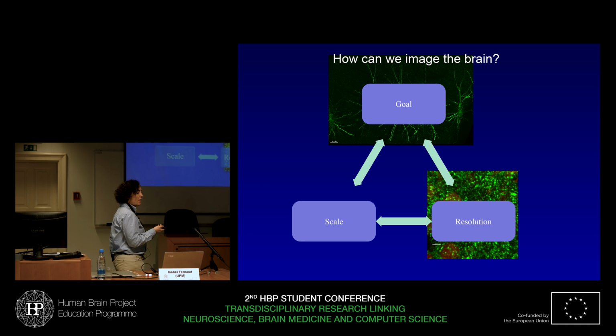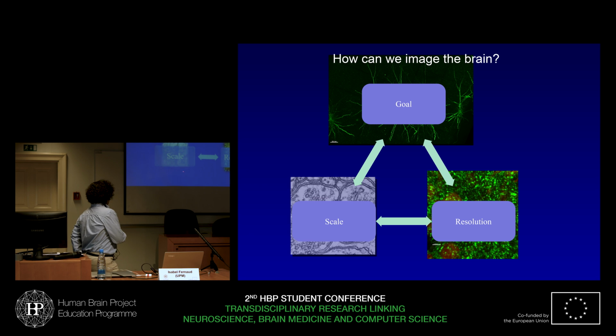Because you are going to have lots of images, and you won't be able to manage them. So this is the second, and this is absolutely related to the scale. If you are using electron microscopy, you cannot afford scanning the whole brain. You can't, because it's very time consuming. You won't analyze all the features.